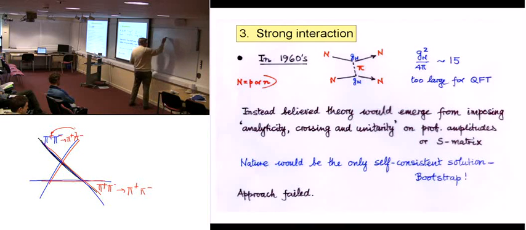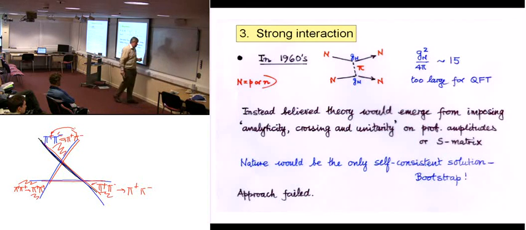If I cross this one, this would become an ingoing pi plus, so I'd have pi plus, pi plus going to pi plus, pi plus. And it happens that the kinematic regions for these three are non-overlapping. So that's the crossing. So I've used crossing to relate these three processes. Actually, two of them are the same.